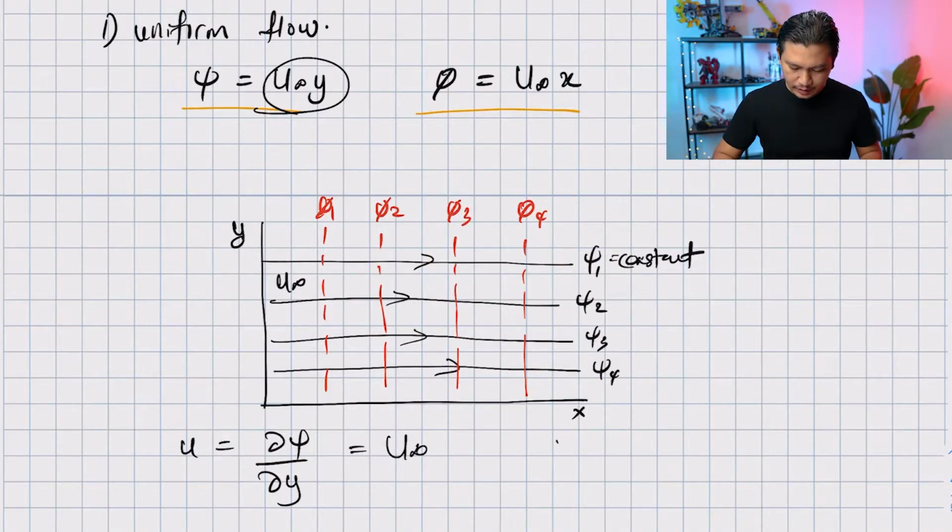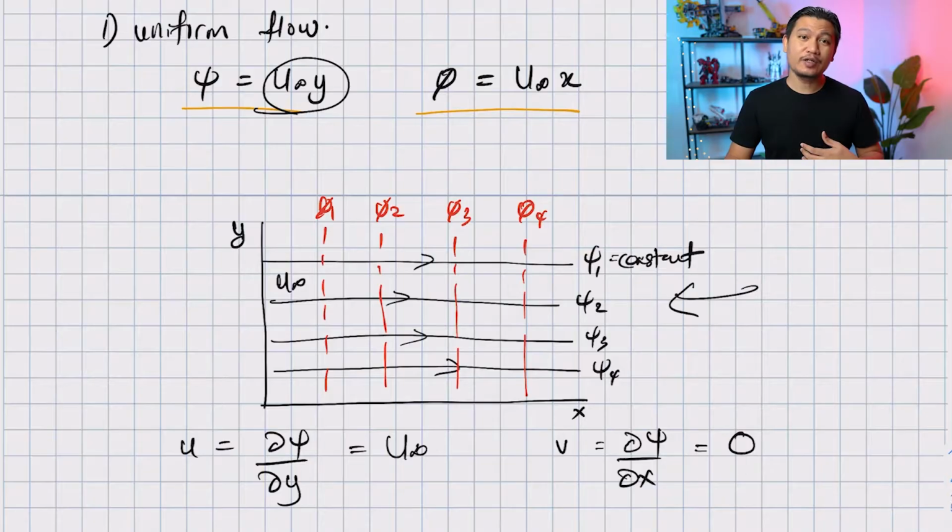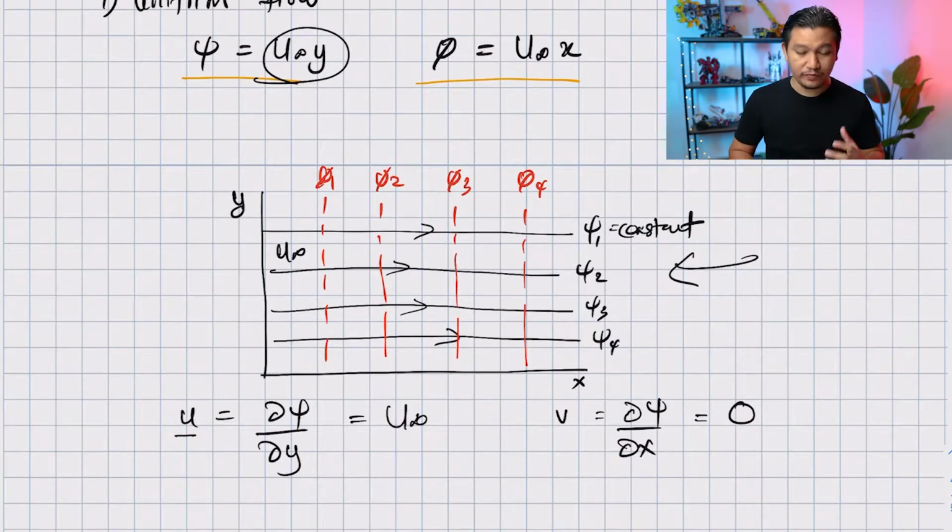And my v, that is the velocity in y direction, is equal to negative del psi over del x, and this must be equal to 0. And as you notice in this plot, there is no velocity in y direction. There's only velocity in x direction, which is why our u has values, but our v is 0. And we obtain this using Cauchy-Riemann relationship.